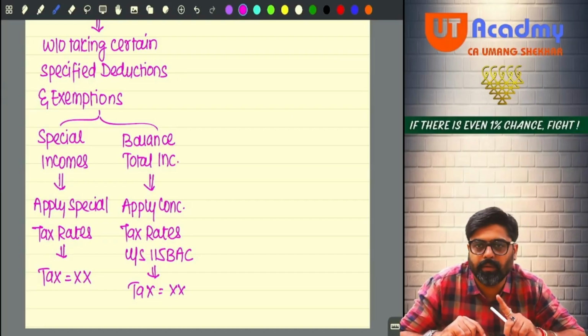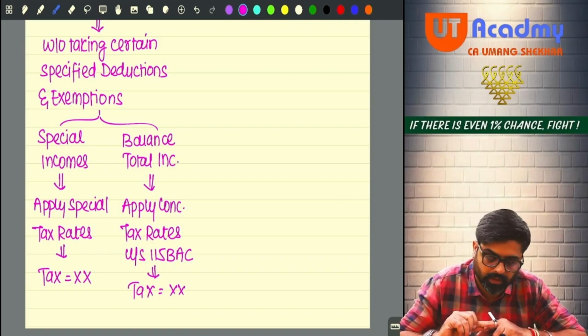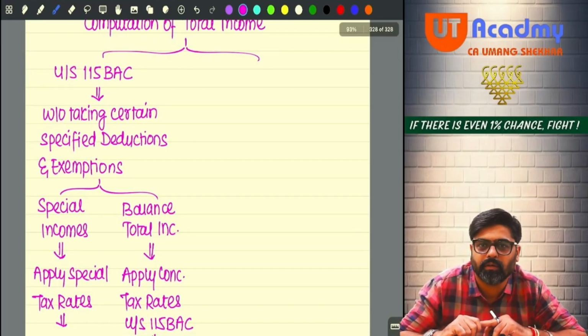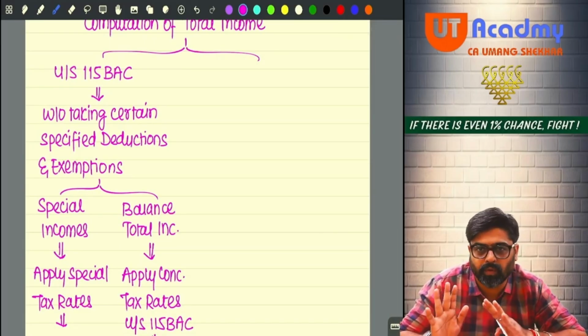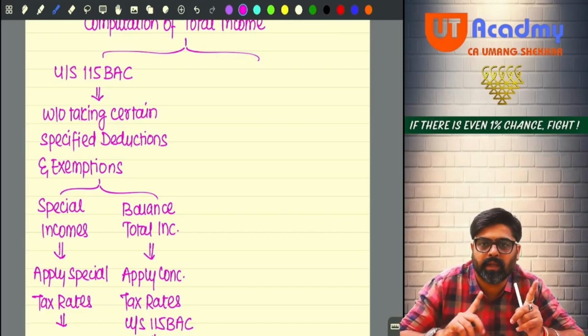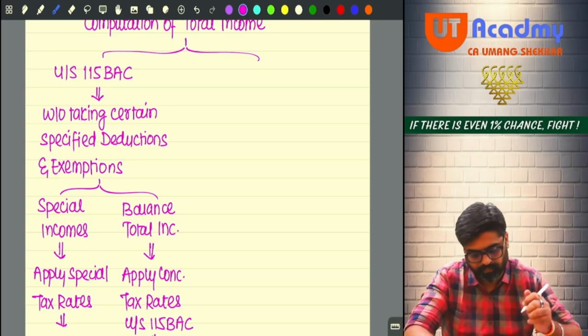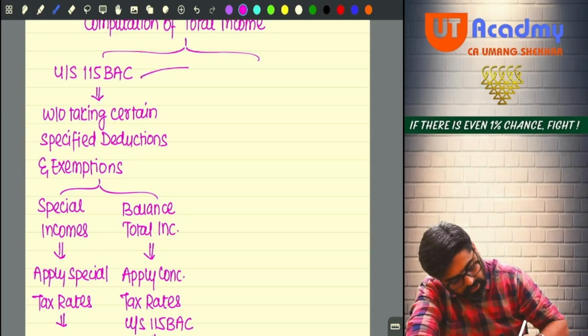But these rates will be allowed only if you don't take certain deductions and exemptions. And this is your default scheme. If you don't want to follow it, and you want to claim all the applicable deductions and exemptions, then you'll have to shift out from 115 BAC.